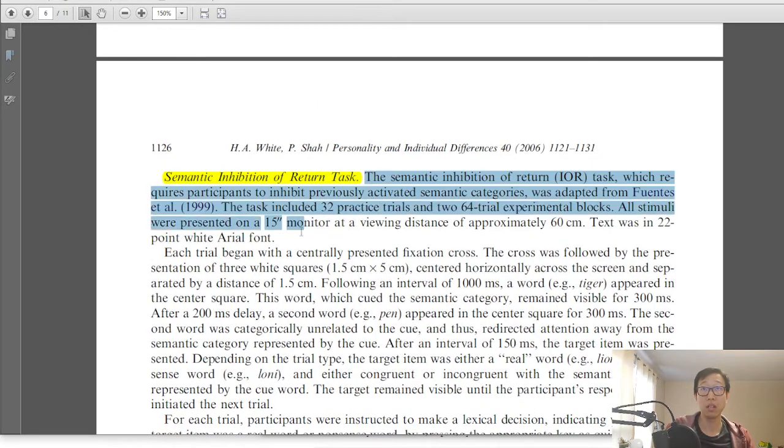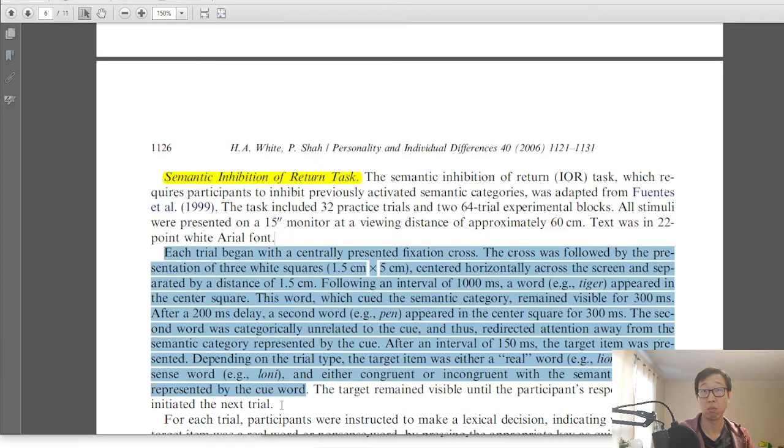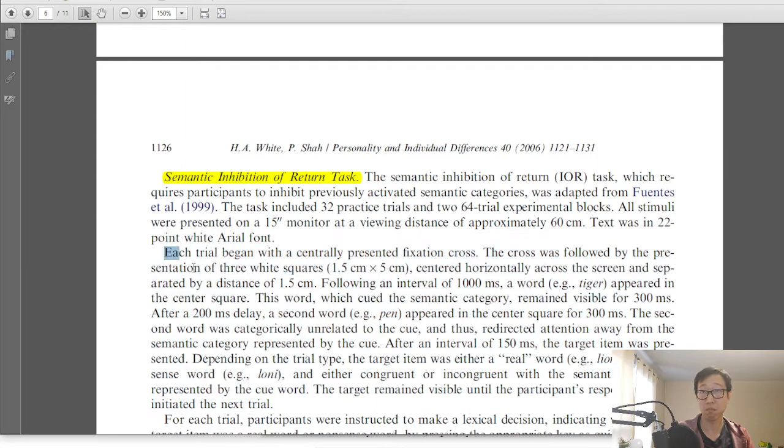And then here is what will later be our mediator. And this is the semantic inhibition of return task. It's a little bizarre to me how this works, but I think I do understand it. So what the participants are shown, right?